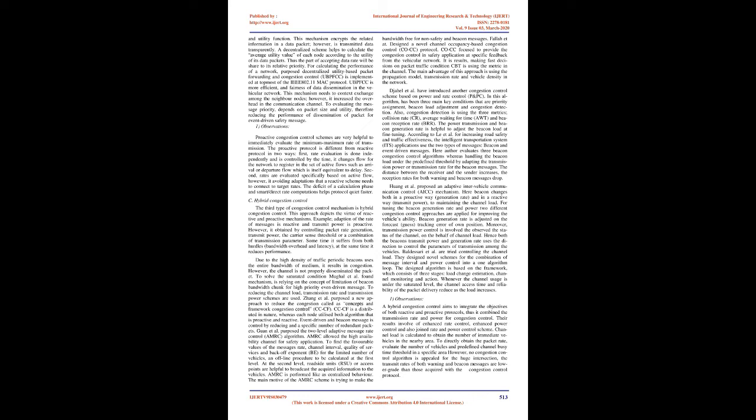Yang et al. proposed a vehicle-to-vehicle communication protocol mechanism for cooperative collision warning, VCCW. VCCW prevents congestion through controlling the packet generation rate and also achieves delivery of emergency messages at low latency. VCCW works as an open-loop controller.